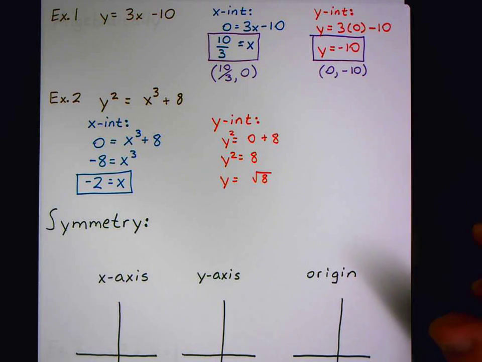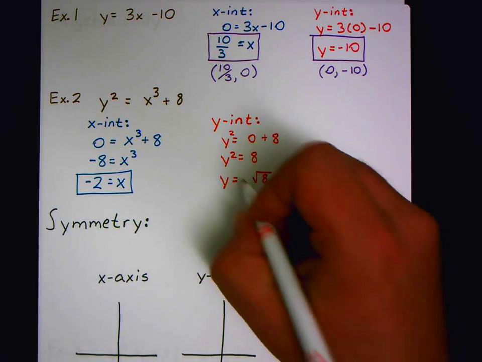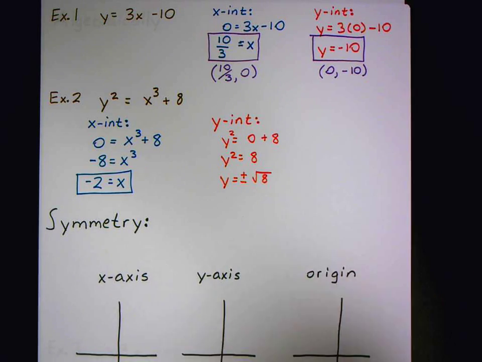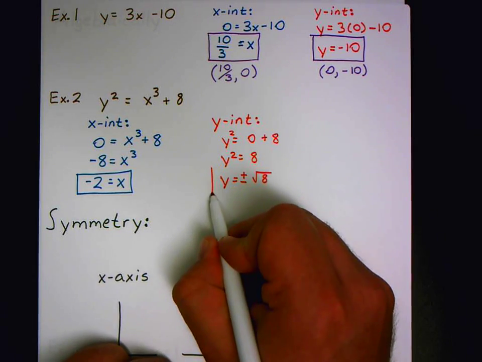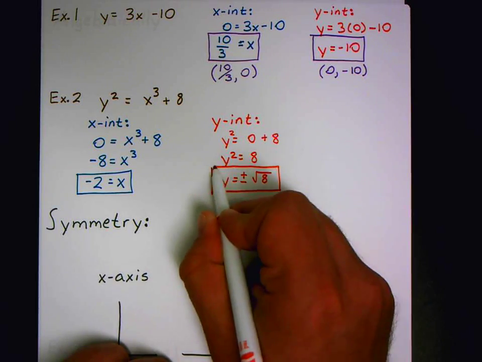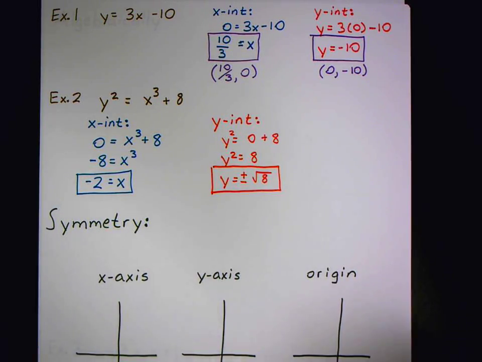The plus or minus. Whenever you introduce a square root into a problem, you have to put that plus or minus. So that means our y value has 2 square roots. So whatever this graph looks like, it crosses the y-axis twice. It could be, it would be 2 square root of 2.